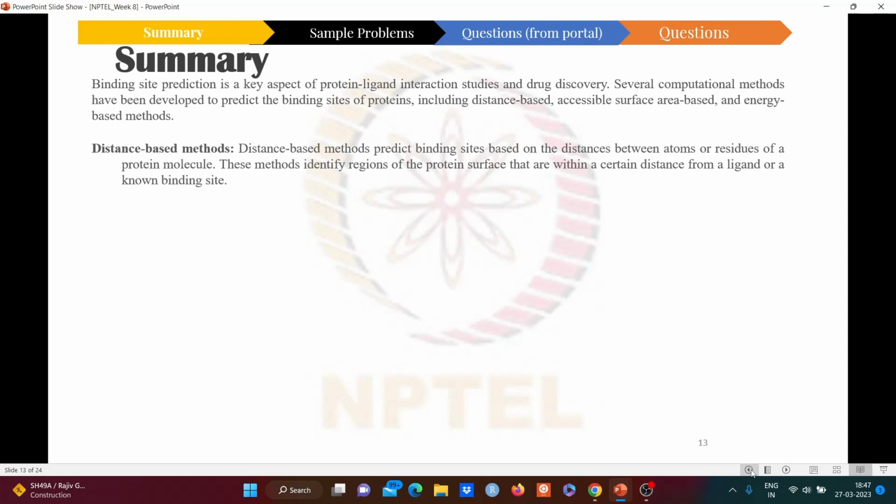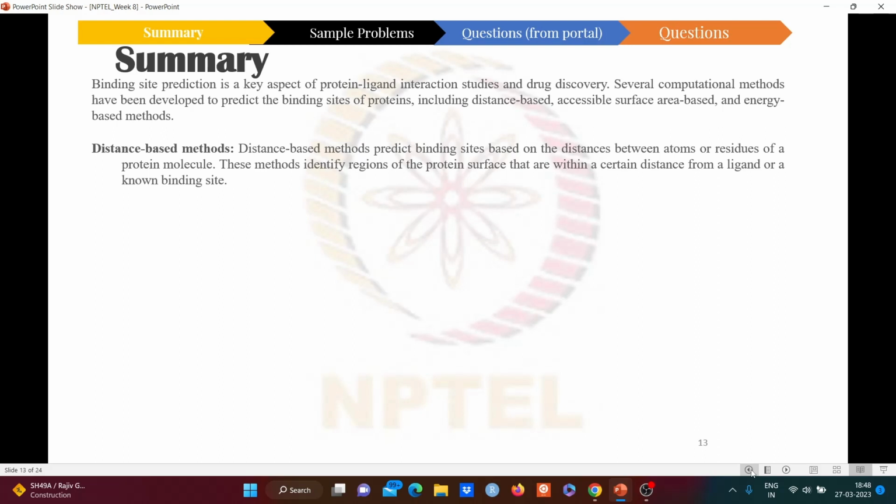So distance-based methods predict the binding site based on the distance between the atoms or residues of a protein molecule and its binding partner. These methods identify the regions of the protein surface that are within a certain distance from the ligand or other binding partners.